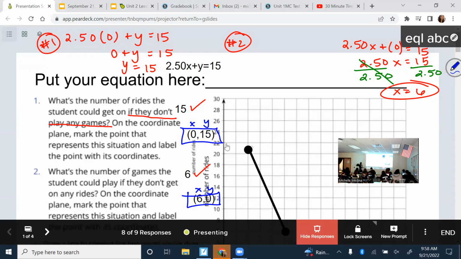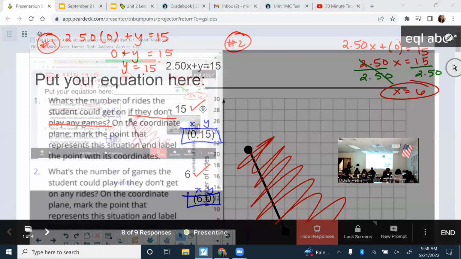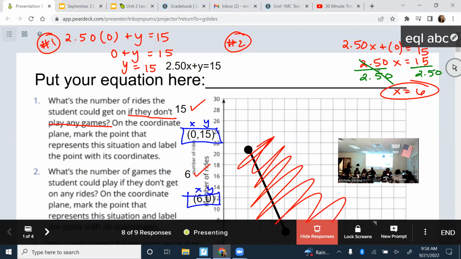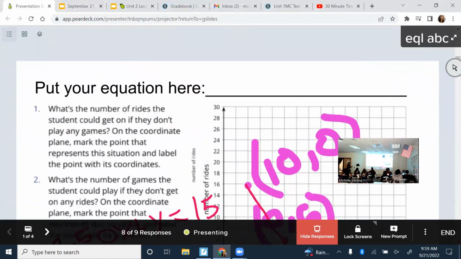Now for the graph, we need to fix that part. All right, let's see if another group has that part correct. So I'm going to put an X over the graph. It is going in the correct direction. It is decreasing. But let's see if there's a better one.